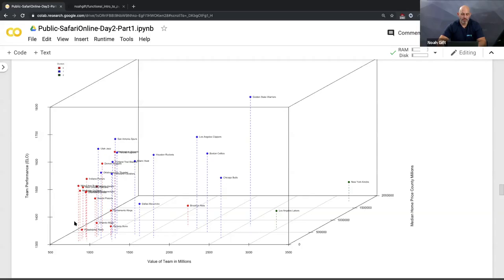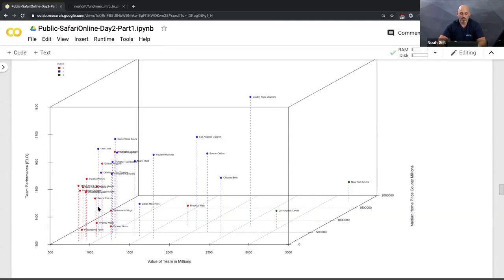And then we have this red cluster, which has teams that are very poor teams. So the Philadelphia 76ers, before they got a lot of their players, currently they're a really good team, but this is from a few years ago. Orlando Magic, Phoenix Suns, Sacramento Kings, very bad teams and worth very little. So if you were a billionaire looking to buy a team, maybe you would want to look at one of these teams and resurrect it because you get a good deal.